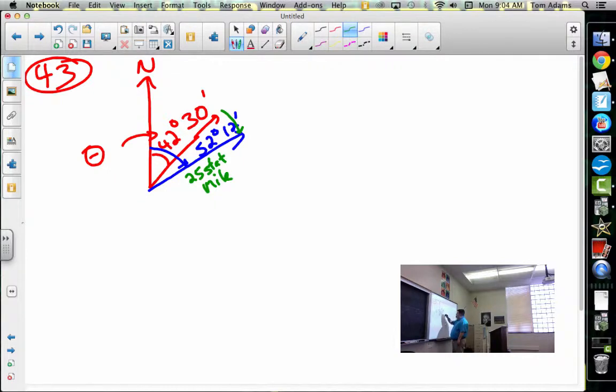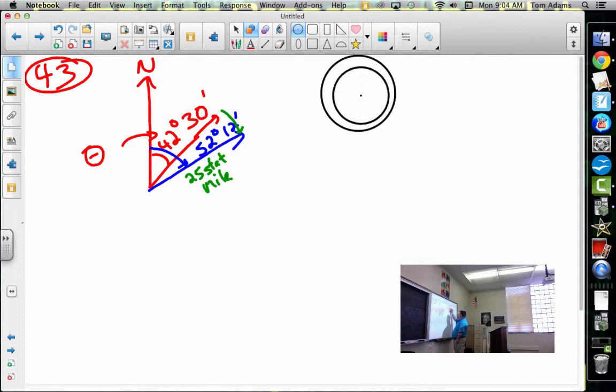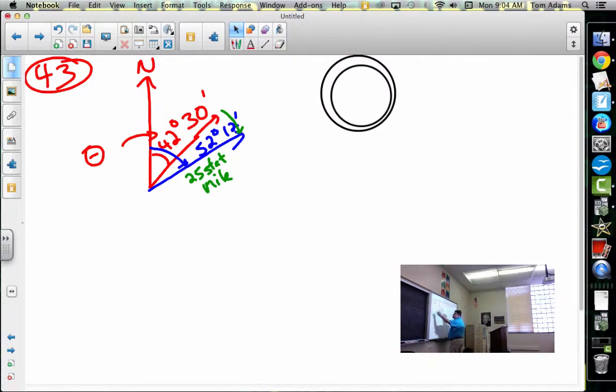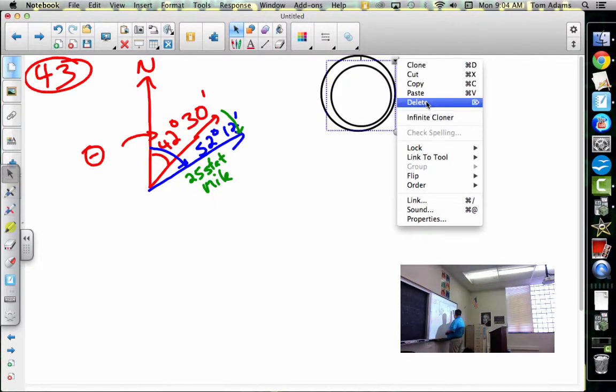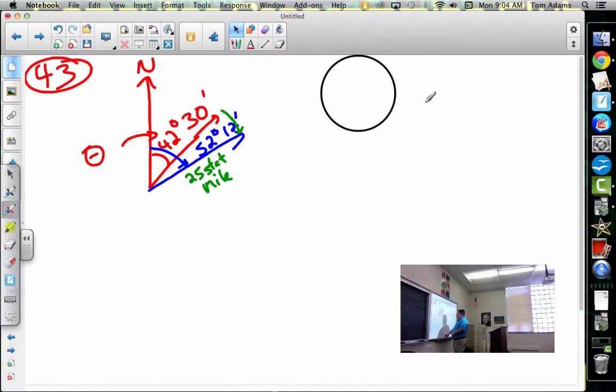So the arc length between these two points, in other words, we want to think of it like this. This is like a circle, right? And we have one boat here. Basically, we have one boat here, and we have another boat here.